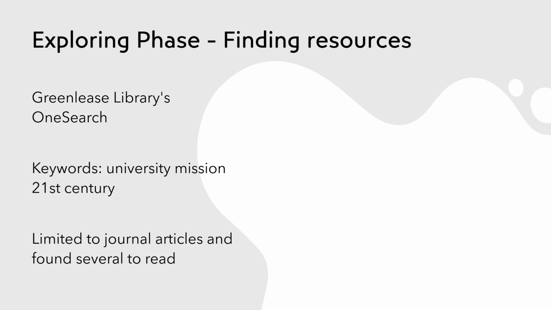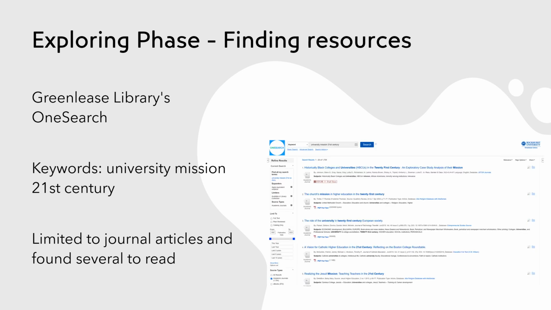I'll then check the box in the left side menu for full text to limit my results to just journal articles. Then I'll click on the article titles to look at their abstracts and decide which articles I want to download, save, and, if necessary, print to read.